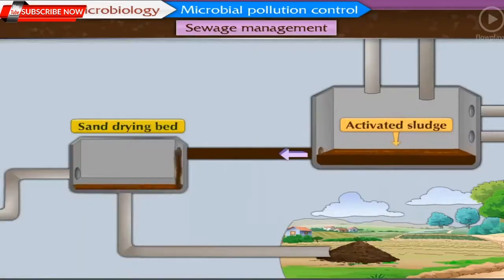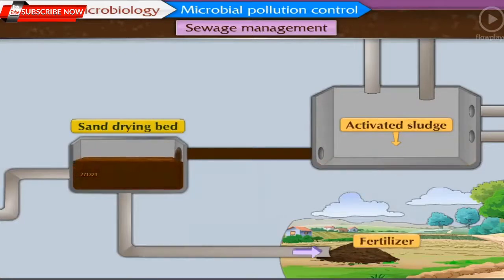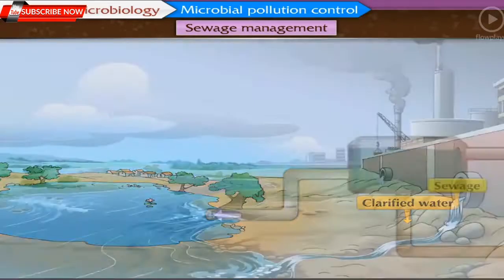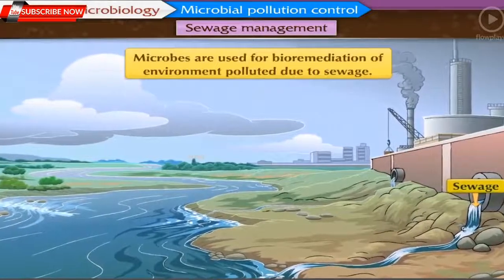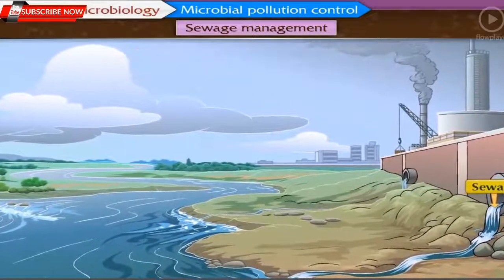The sludge that settles down in this process can again be used as a fertilizer. Water released after microbial treatment is environmentally safe. Thus, we can say that microbes are used for bioremediation of environment polluted due to sewage.